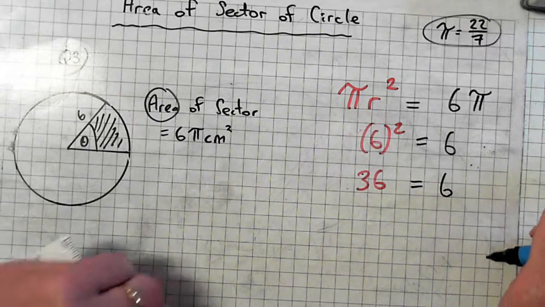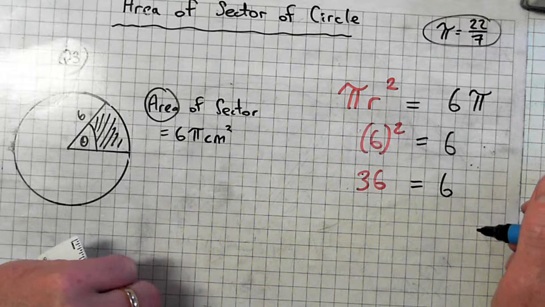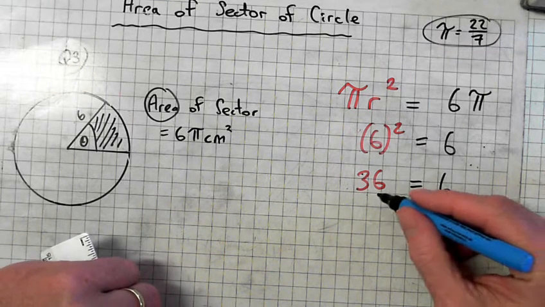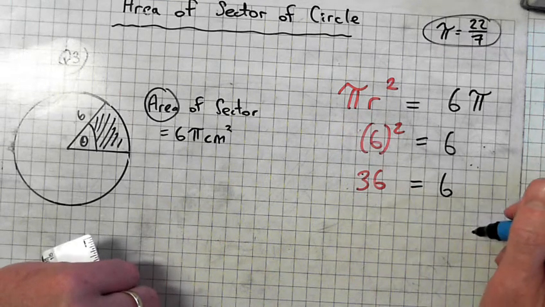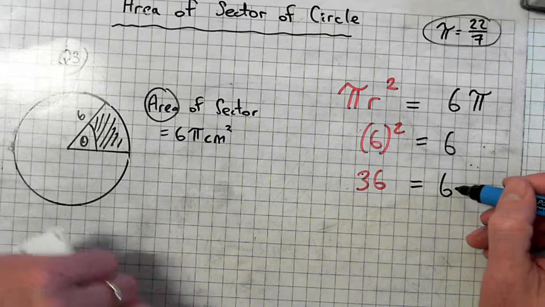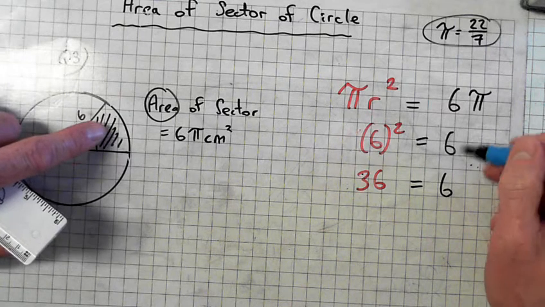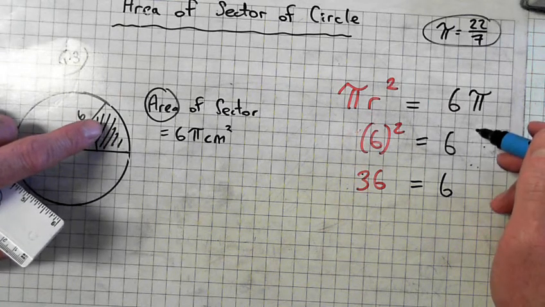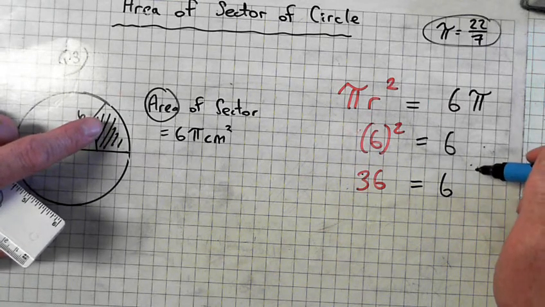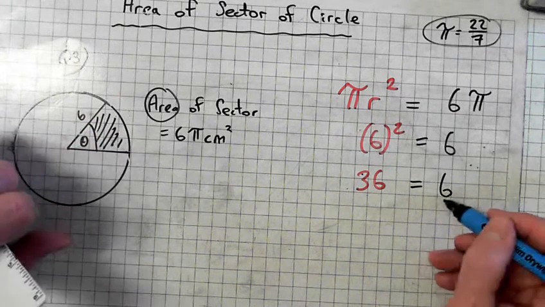What fraction is it going to be? How many times bigger is this than that? We were told that the sector is only 6 pi. This is 6 times smaller.